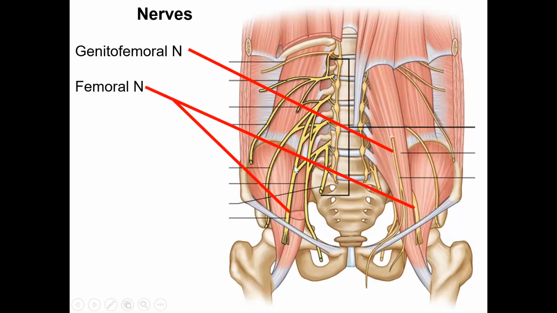Two important nerves that we're going to look at here in the abdomen. One is called the genitofemoral nerve. So the genitofemoral nerve is an important nerve that branches. It's going to do sensory and motor to the genital region, okay? And then the femoral nerve we spoke about is going to cross the inguinal ligament here.